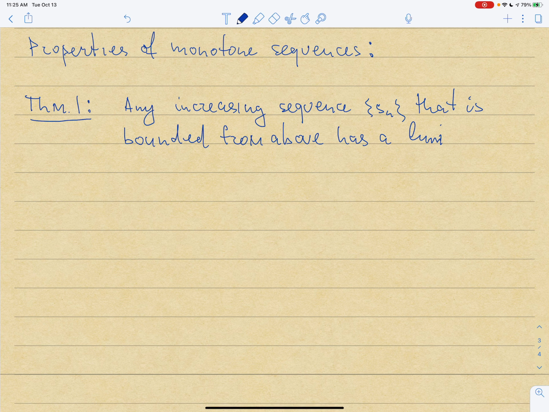Or rather, which is the same thing, I'm just going to say that the sequence converges.